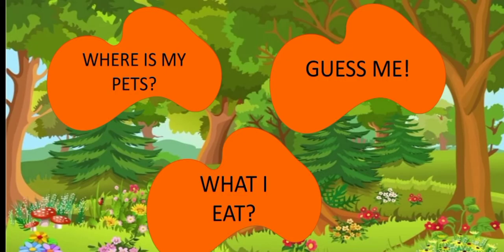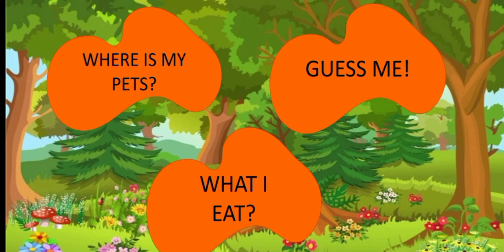In the game section we also have three parts, like the flashcard section. The first part is Where Is My Pet, the second part is Catch Me, and the last part is What I Eat.